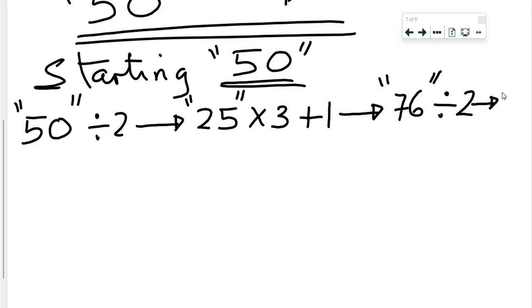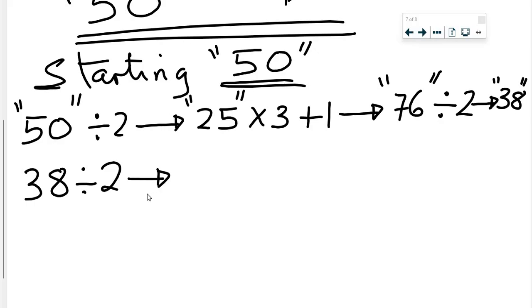This gives you 38. What is this 38? 38 is an even number. You need to divide by 2. What do you get? 38 divided by 2, you get 19. What is this 19? 19 is an odd number.